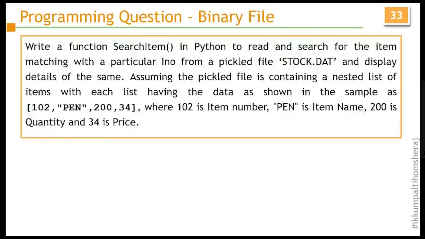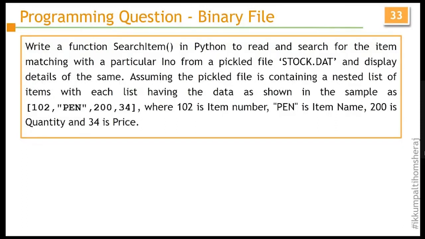Then if we talk about the binary file question, here the binary file question will be framed a little differently than the previous ones. Write a function search_item in Python to read and search for the item matching a particular INO from a pickled file. Pickled file means binary file, stock.dat, and display details of the same.